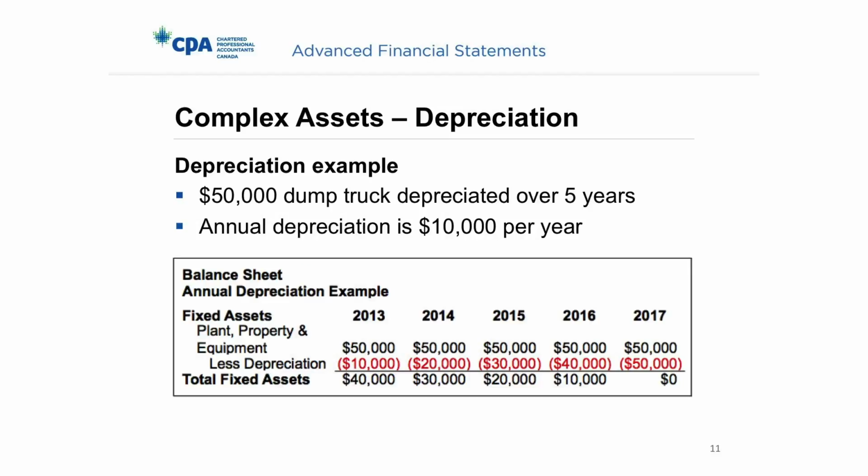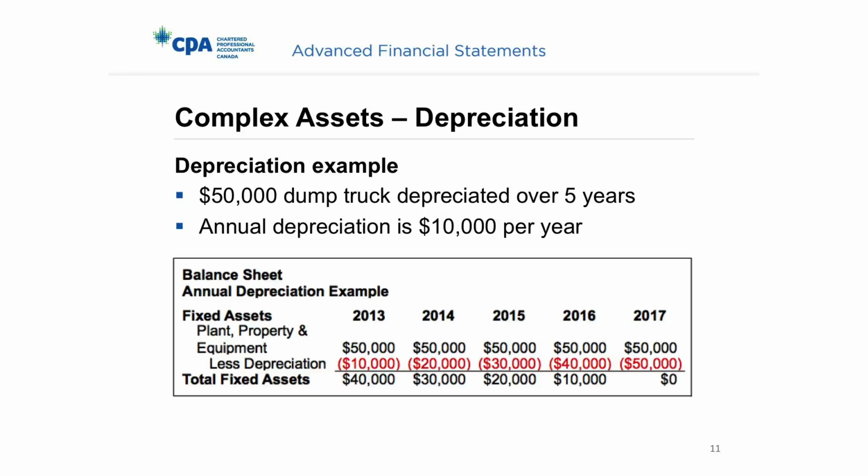If we were to buy a dump truck for $50,000, and that has a useful life of 5 years, we would depreciate the use of that over the 5 years. So if you think about this, in year one, you have $50,000 on your balance sheet. You've used 1/5 of that value, so now you have fixed assets of $40,000.